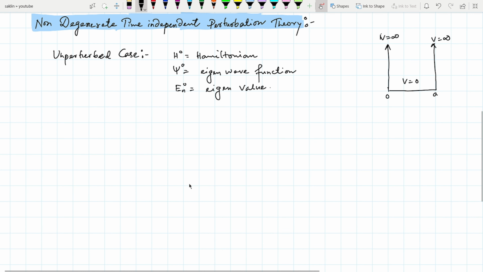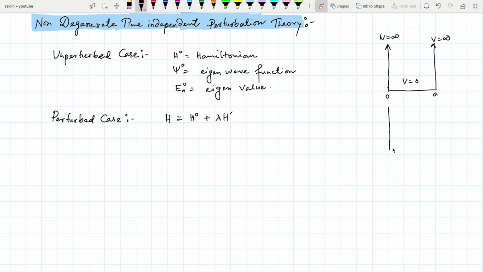Okay, and for the perturbed case, the Hamiltonian will be changed into the Hamiltonian of the unperturbed case plus lambda H dash. What is H dash?